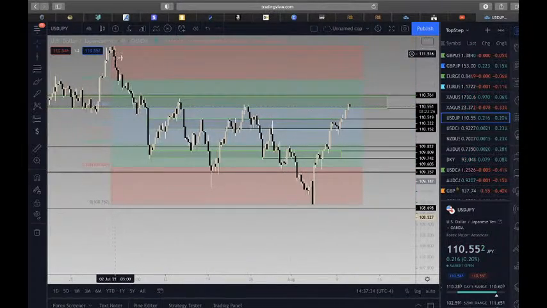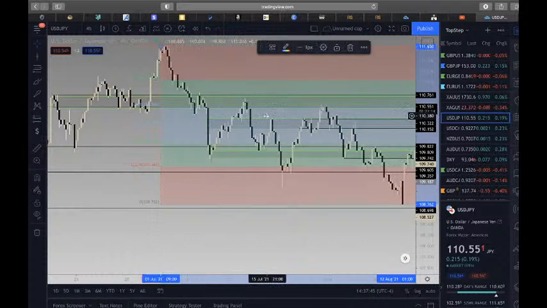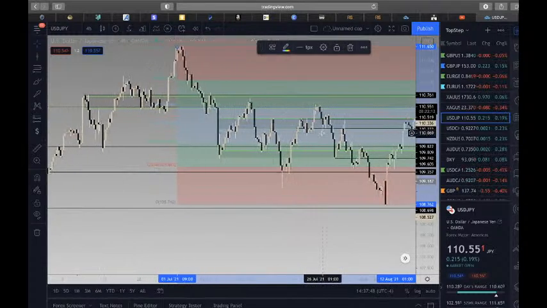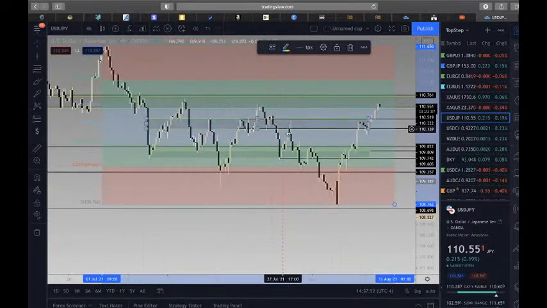So you can get a good idea of how you're drawing this movement body to body, and not wick to wick, meaning that you literally draw it to the bodies. Excuse me. So that's body to body right there, and that's very precise, meaning that these zones, as you can see, are going to hold true and be a way for you to find support and resistance and even confirm them, even if you're not super confident with your skills in finding critical levels.